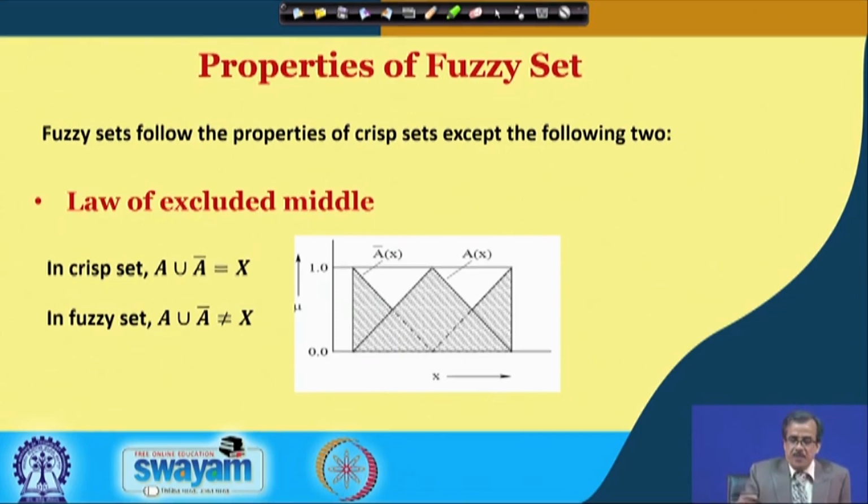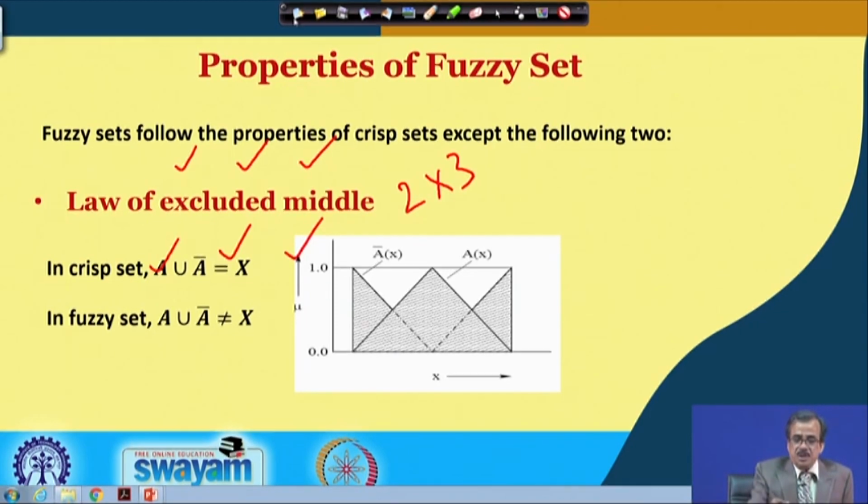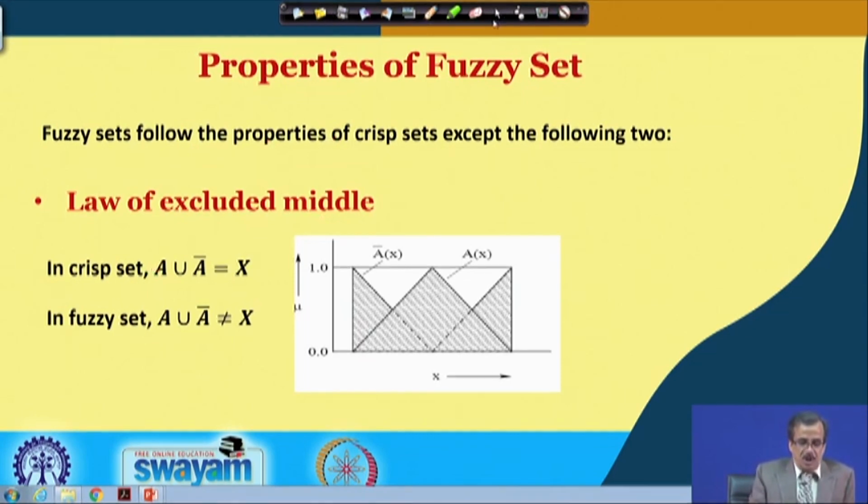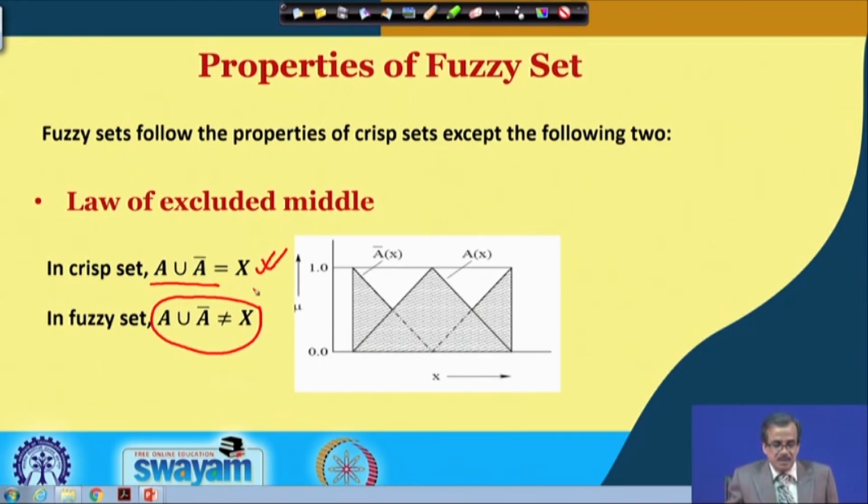According to the law of excluded middle in crisp sets, the union of a set A and its complement A bar is nothing but the universal set. But in fuzzy sets you will find that A union A bar is not equal to X. So, this particular violation we are getting in the fuzzy set.